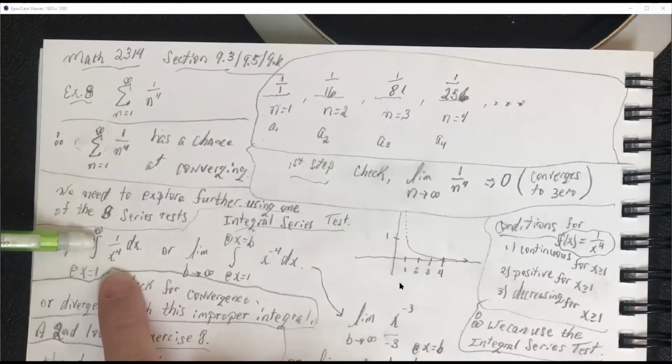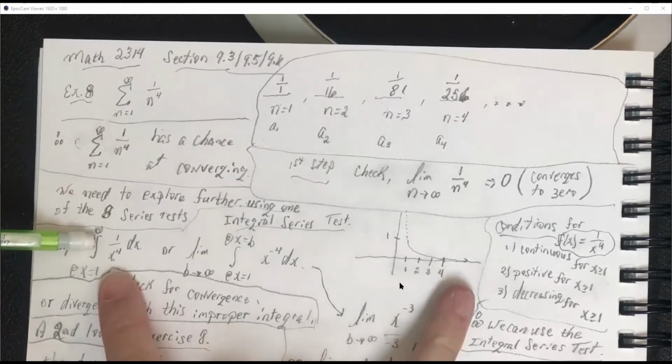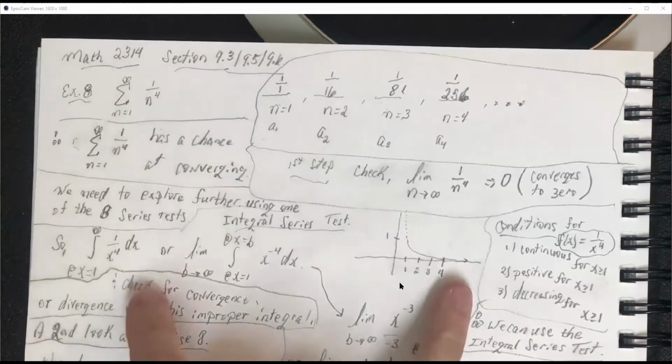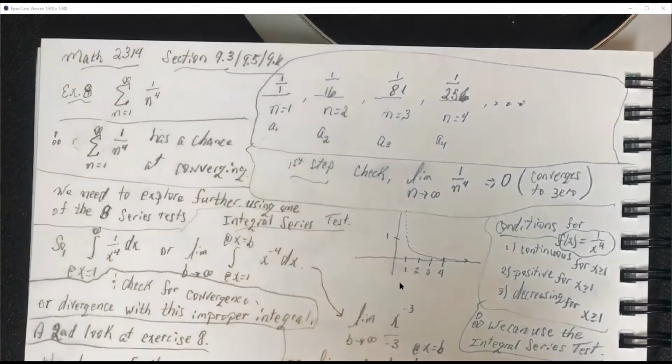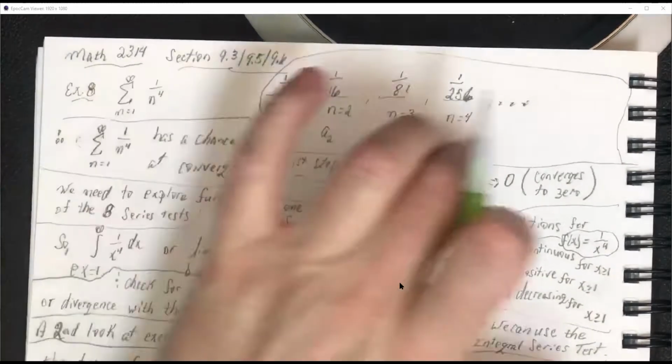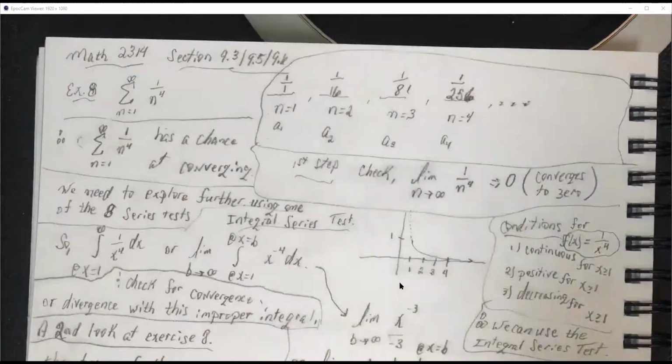The design of the integral series test is, if the 3 conditions are met regarding the function, and we're able to integrate the function, then evaluate the limit, and if this improper integral converges or diverges, well, it's going to have to do one or the other, then we will know what the actual sum of all these terms does. They'll do the same thing, which is converge or diverge. So that's our logic behind the integral series test.